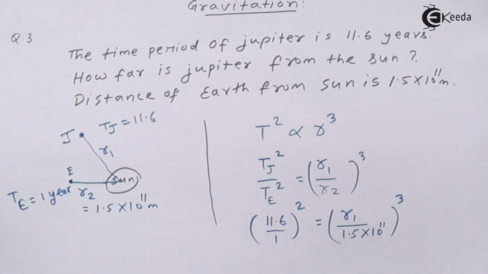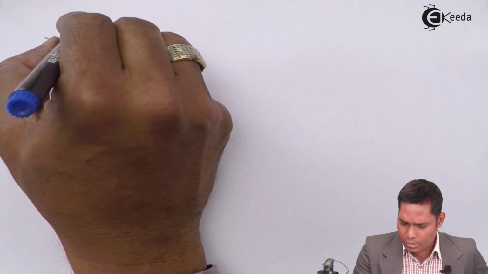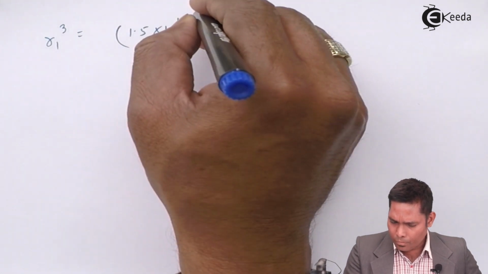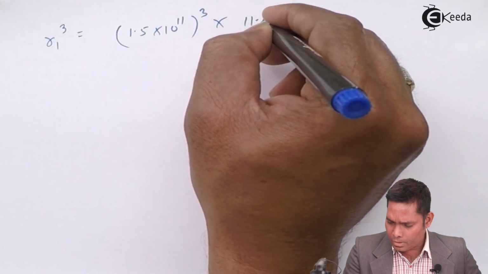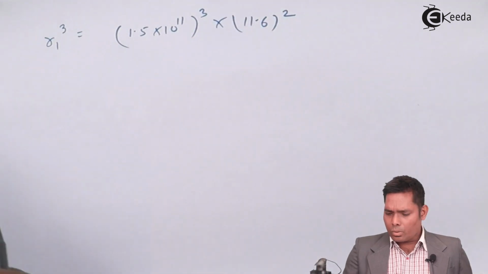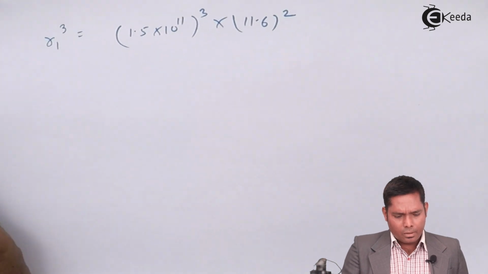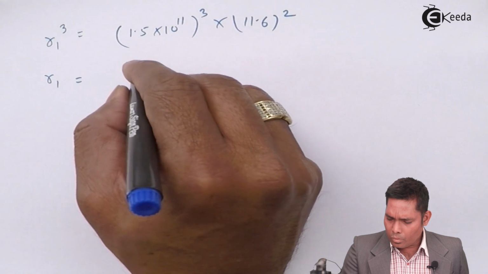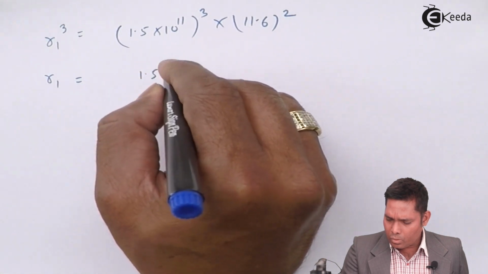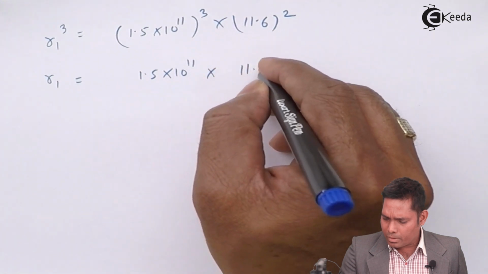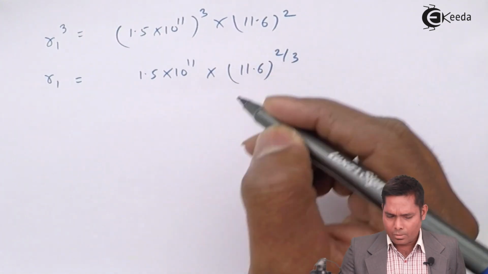From that I will write that R1 cubed is (1.5 × 10^11) cubed into 11.6 squared. This is what I am getting. So from here R1 will be 1.5 × 10^11 times 11.6 to the power 2/3, taking the cube root.